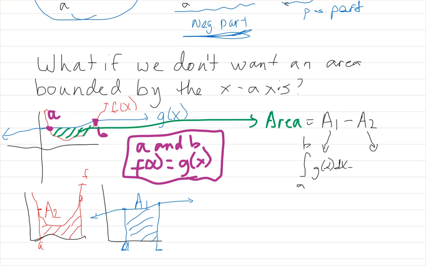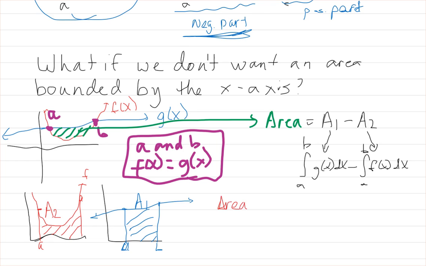And A2 is the integral from A to B of f of x. Okay? And so what we're going to do is rewrite this as a single integral. And this single integral will be area between two curves. So let's write that in red because it's important.